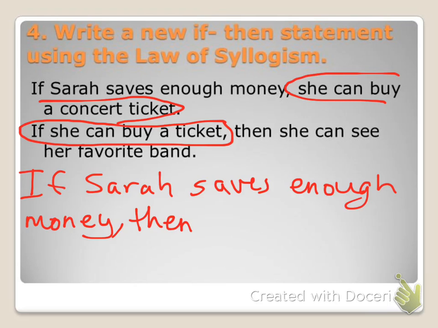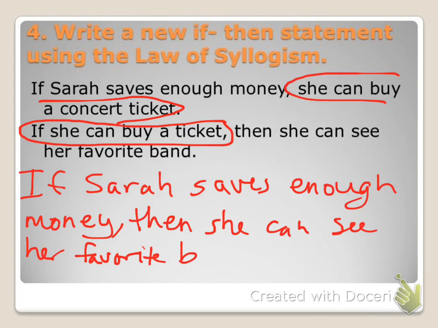So she's got to save the money, and then boom, she gets to see her favorite band. And again, that's the law of syllogism. You're just cutting out the middleman. You guys have questions?